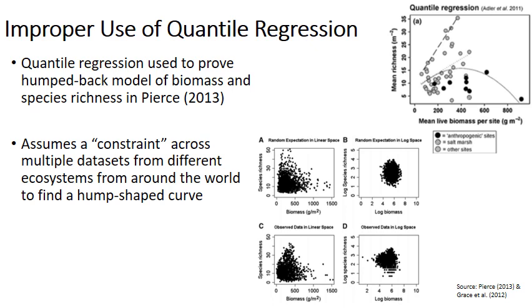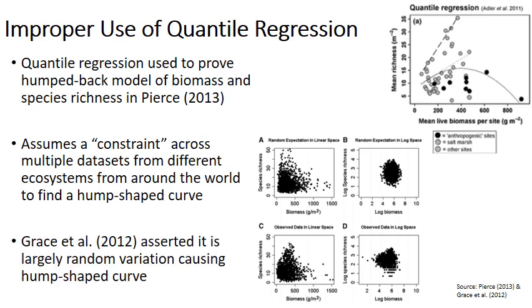Because there was this constraint, because other researchers were only looking at certain site types, such as salt marshes or places that were primarily affected by anthropogenic disturbance, they were missing the whole picture. And by applying quantile regression and looking at all of the different sites and ecosystems combined, you're able to get a fuller picture of what's going on, and this hump-shaped curve appears.